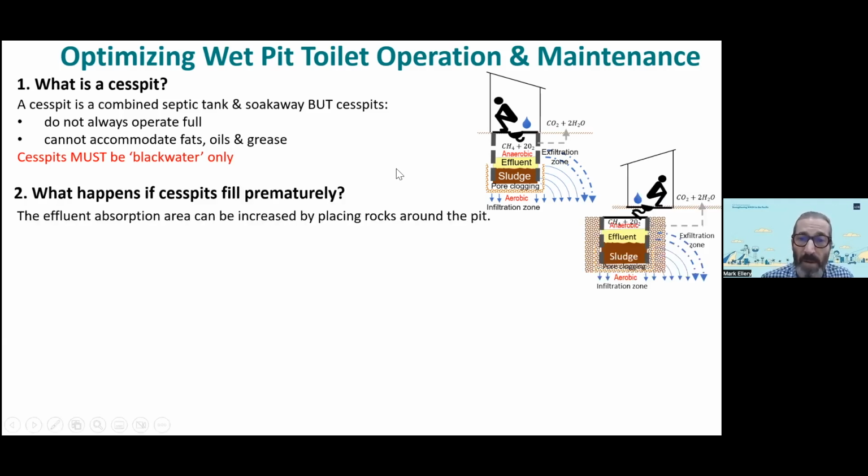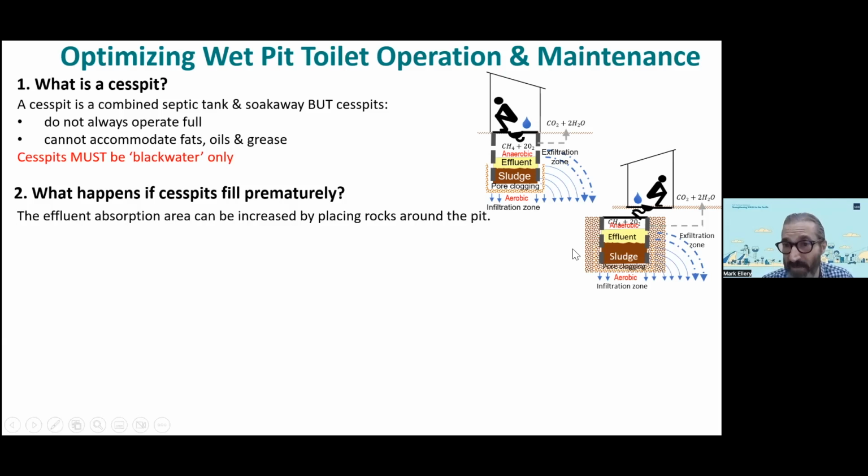If cesspits fill up prematurely, we can accommodate that by placing rocks around our chamber, whether our chamber is a 44-gallon drum with holes in the side, or tires with spaces in between. By placing rocks around the outside of that, you can increase your effluent absorption area.